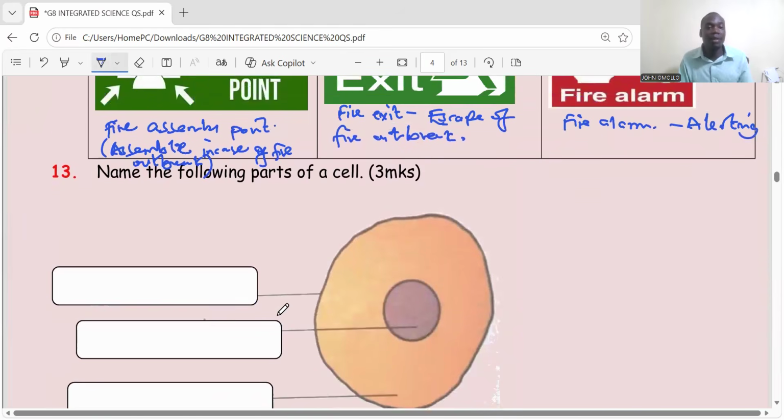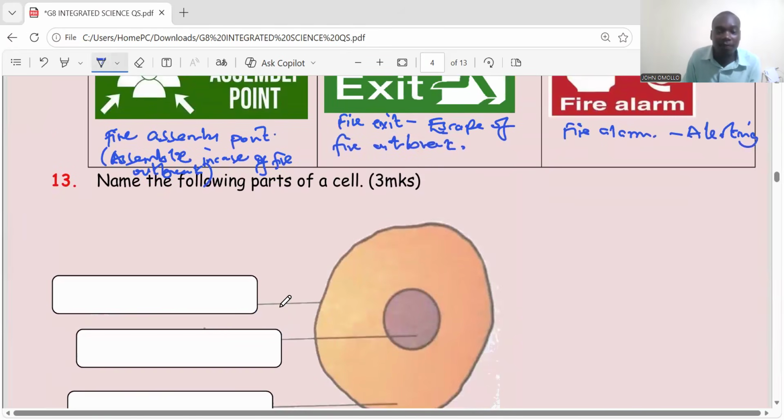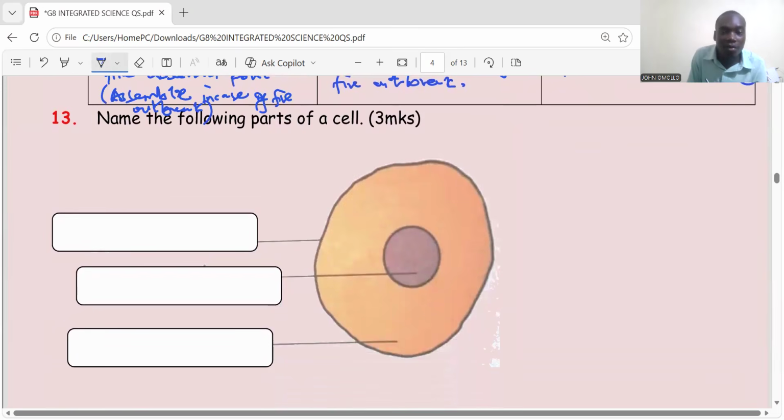Number 13, name the following parts of a cell. Now the first part here is called a cell membrane. This is an animal cell as seen under a light microscope. It is called cell membrane, or it can also be called plasma membrane.